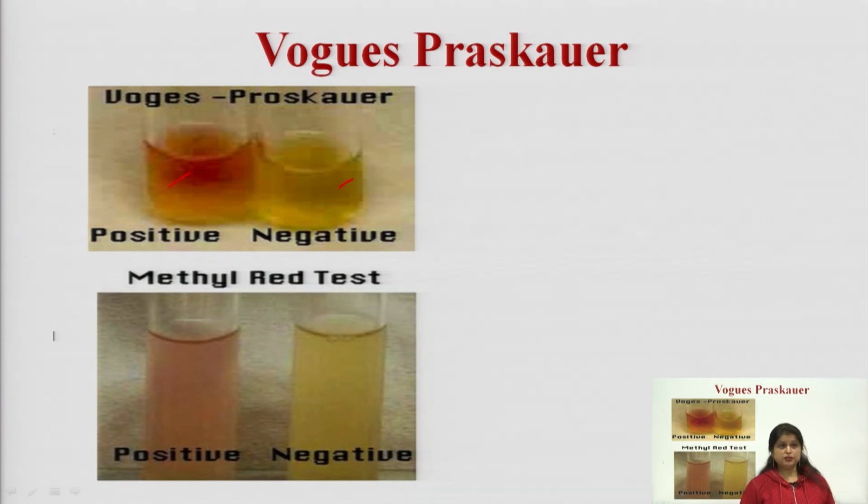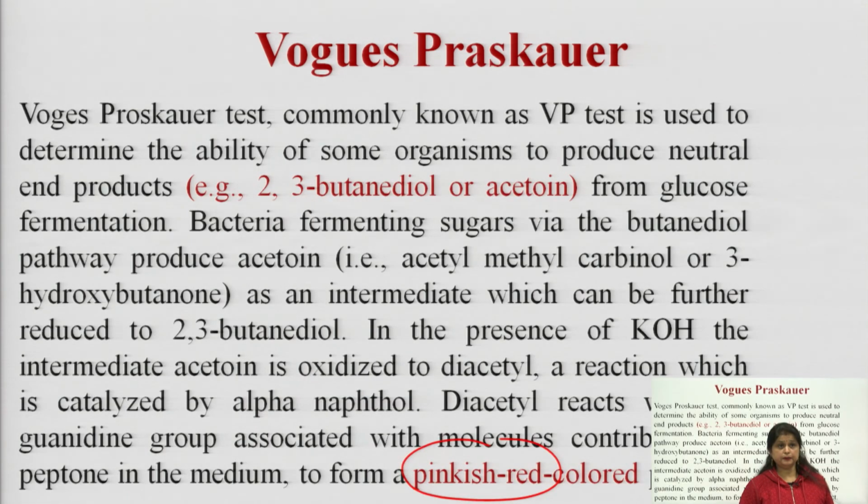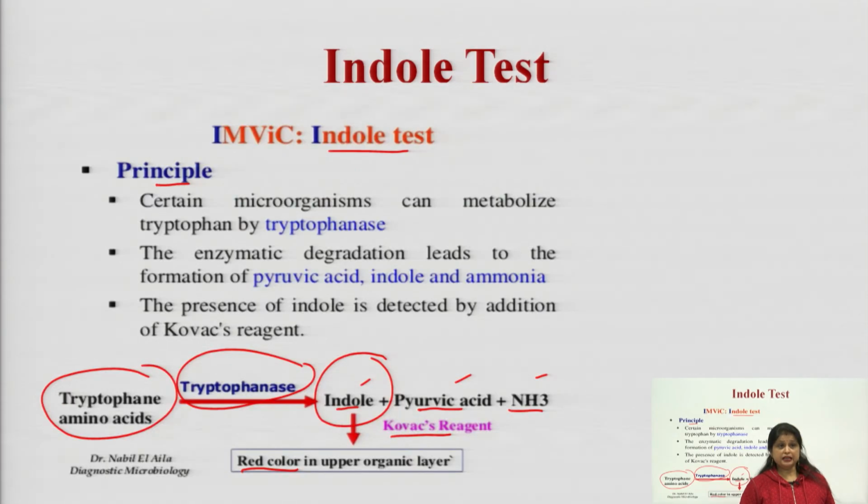After that comes the citrate utilization test. Now, what do we mean by citrate utilization test? As you remember from my starting slide, the indole test is the indole production test, meaning indole is released as a byproduct, a metabolic product from tryptophan.